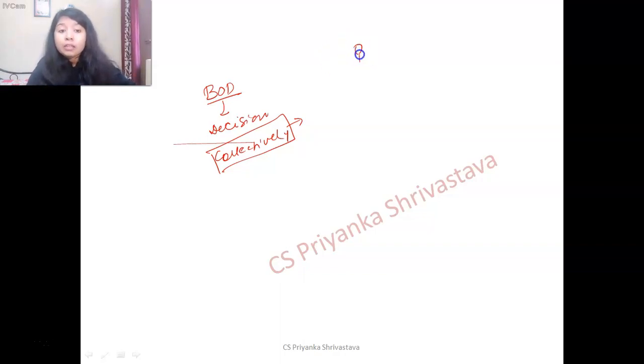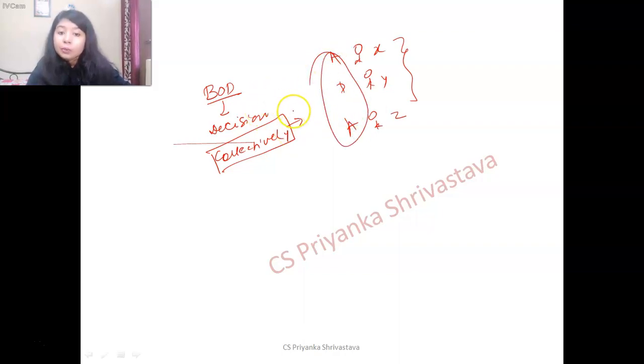Suppose there are 3 directors, Mr. X, Mr. Y, Mr. Z. So there are only 3 directors. Their assent or dissent is basically required to pass a particular decision. So if any single director says that I want to pass a resolution, but the other 2 directors are not giving their assent for this resolution, can it be passed in the board meeting?